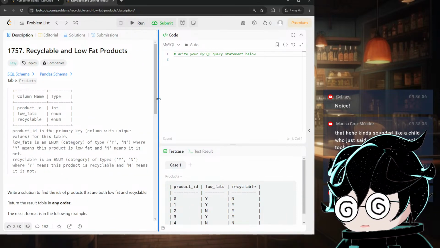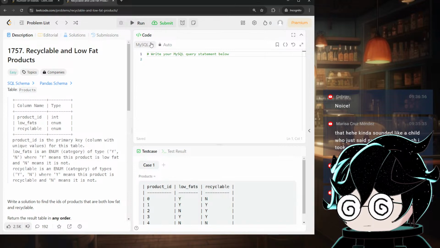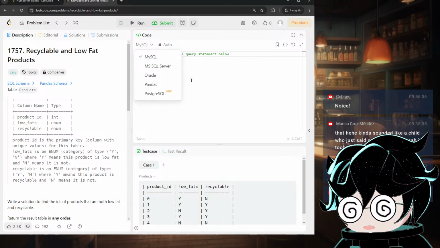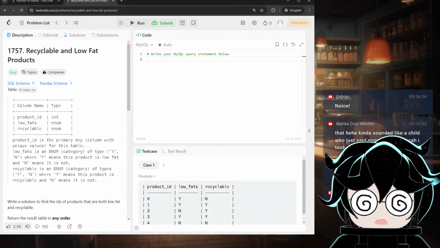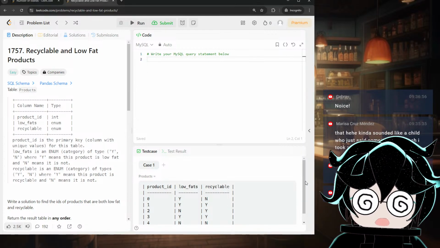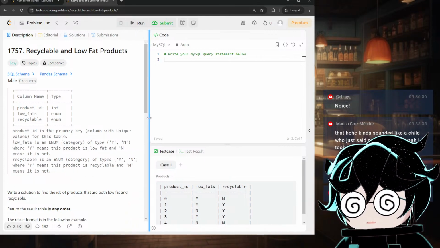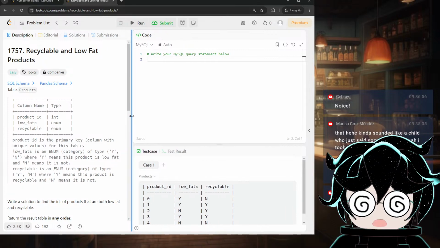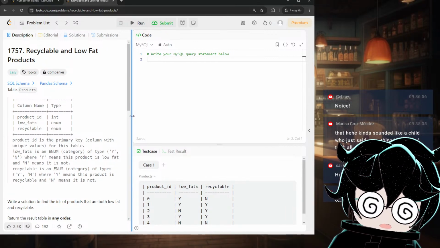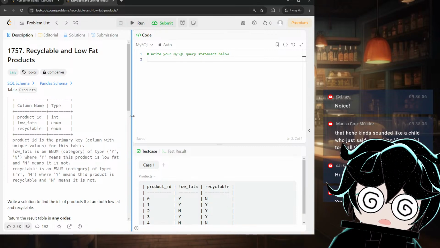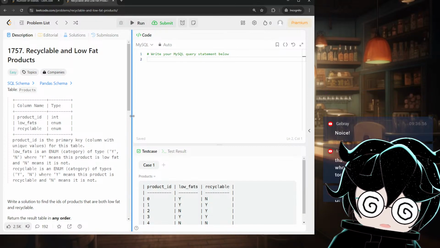This is a SQL problem, which is completely useless to me in coding interviews, because I'm not applying for data analyst roles. In case you don't know, SQL is a coding language for asking questions to databases. That's not my profession, so.